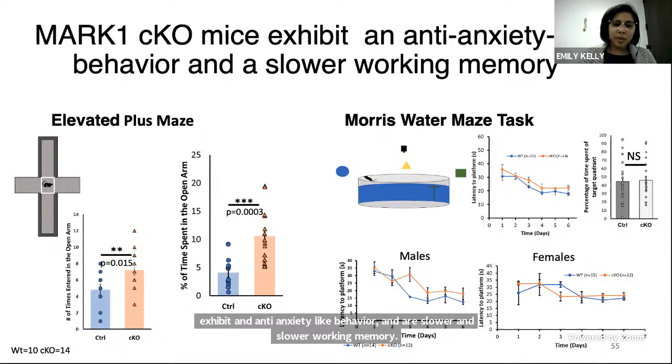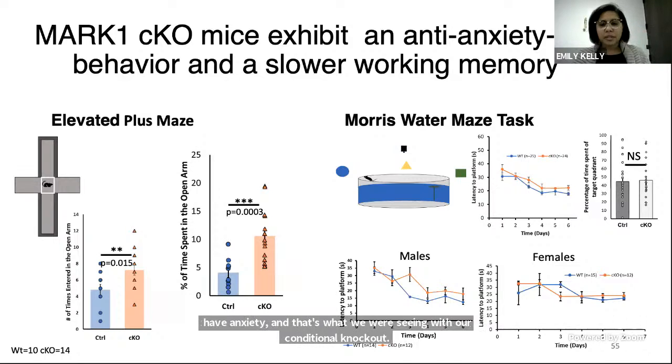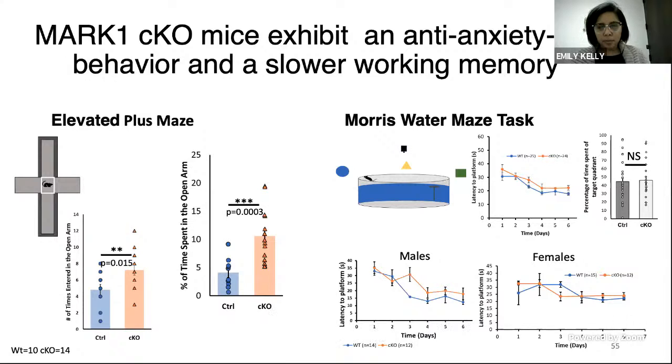Normally, mice spend more time in the closed arms, which means they have some level of anxiety. We also did the Morris water maze, where we tested their learning and memory. Overall, our conditional knockout mice are slower learners, but they still have good memories.